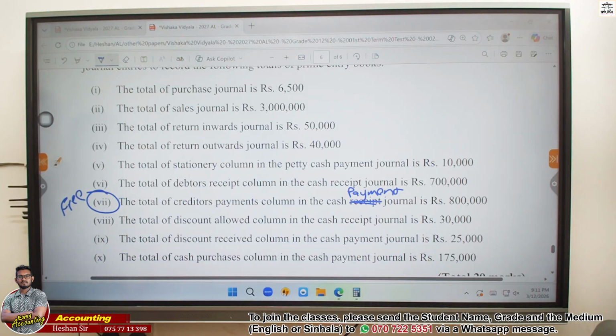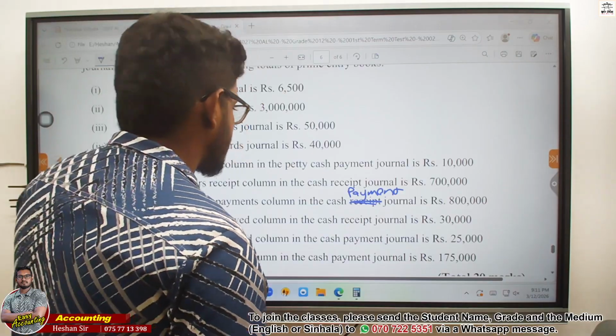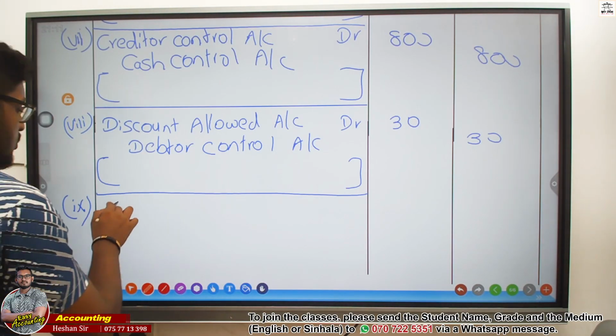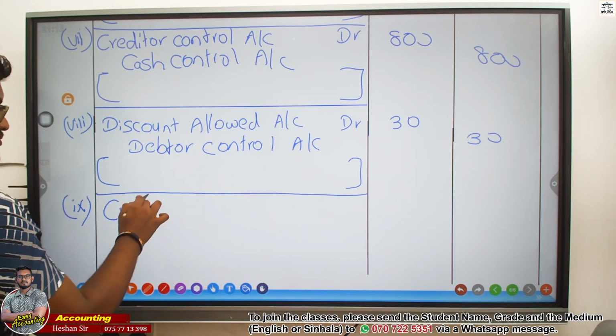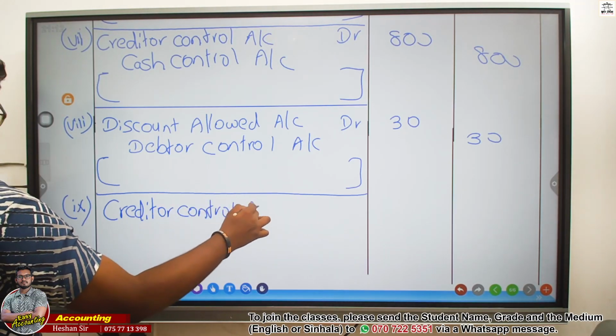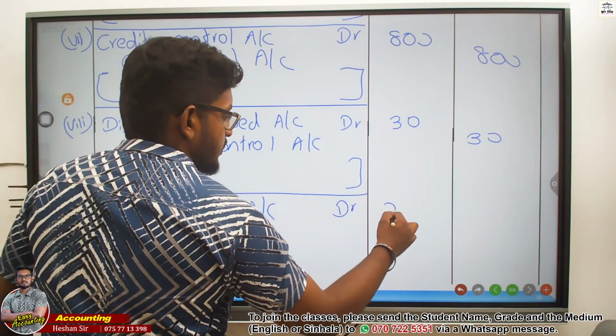The total of the discount received column in the cash payment journal is 25. Creditor control account debit 25.